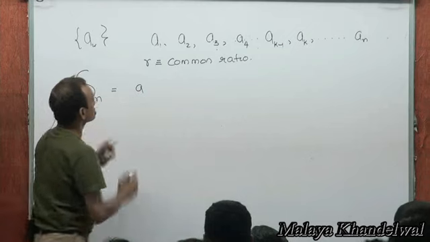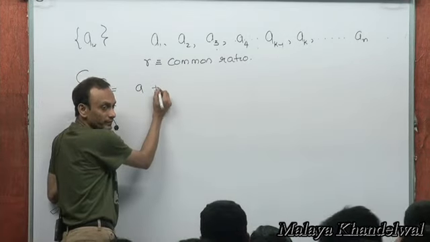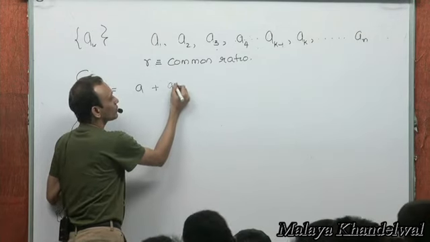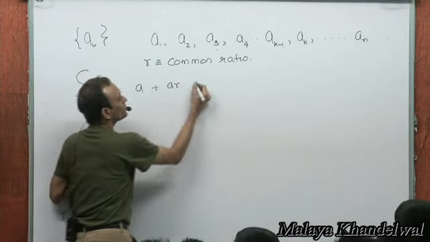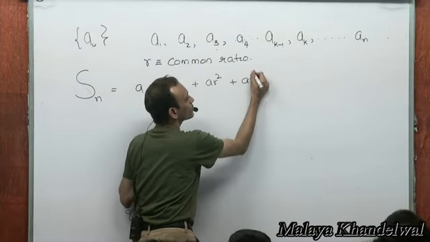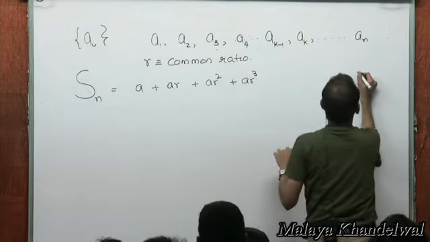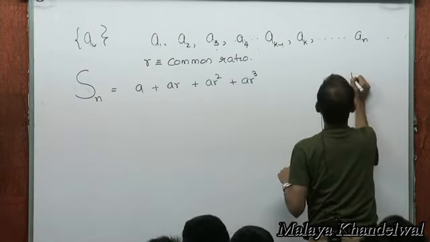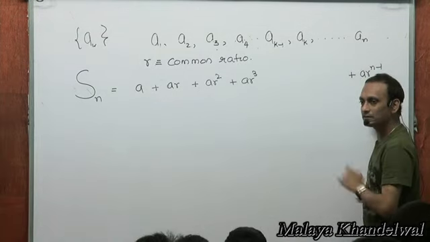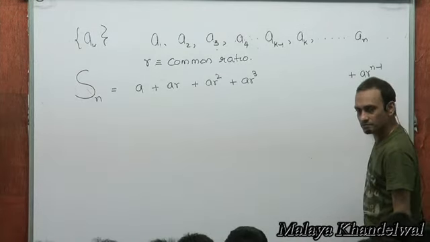Sum of n terms. First term A. Right? What would be the second term? AR. What would be the third term? AR squared. Cube. Now, the nth term is going to be AR to power n minus 1. That's going to be the nth term.